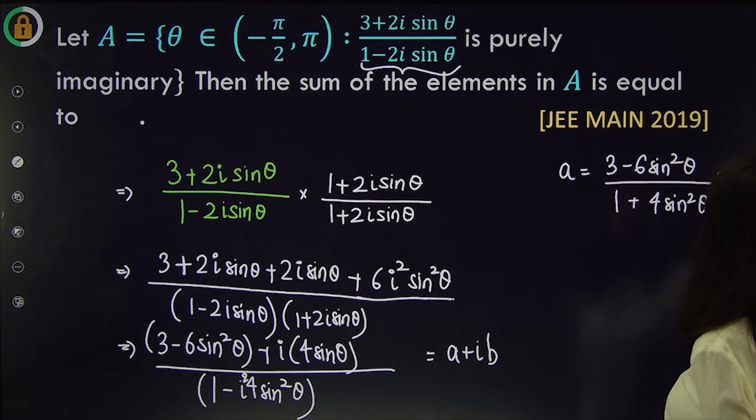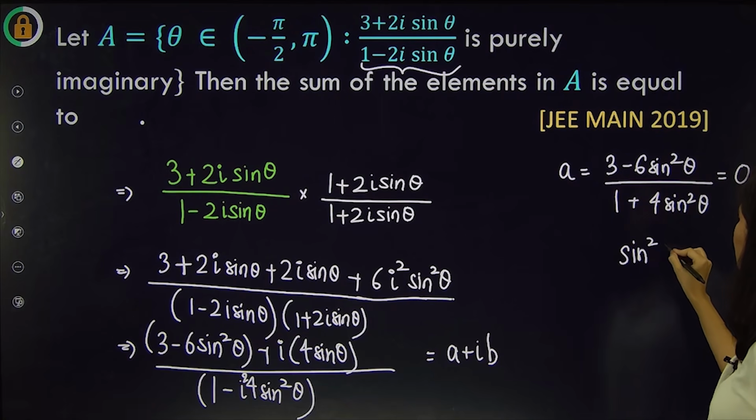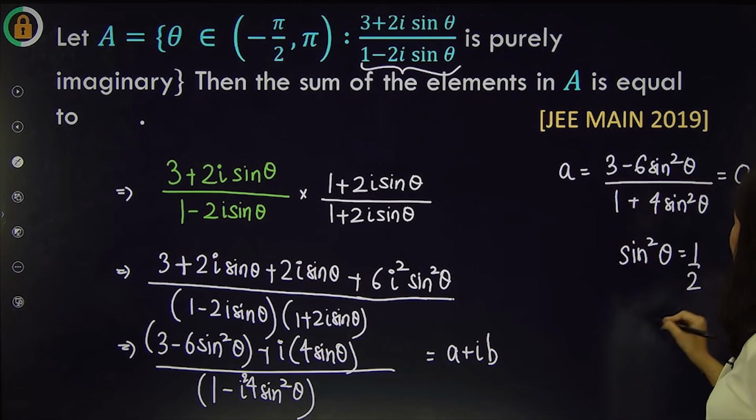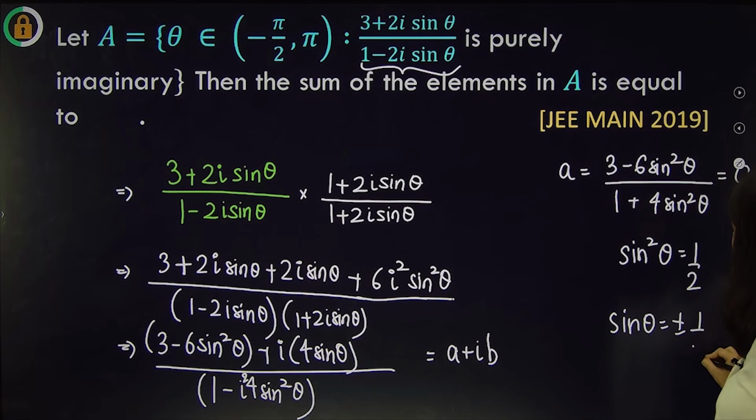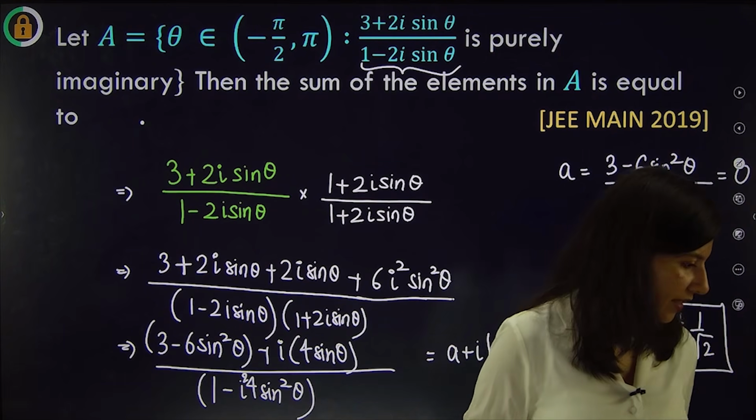Correct? Now this should be 0. What does that mean? That sine square theta is 1 by 2, or you can say that sine theta is plus minus 1 by root 2. Sine theta is plus minus 1 by root 2.